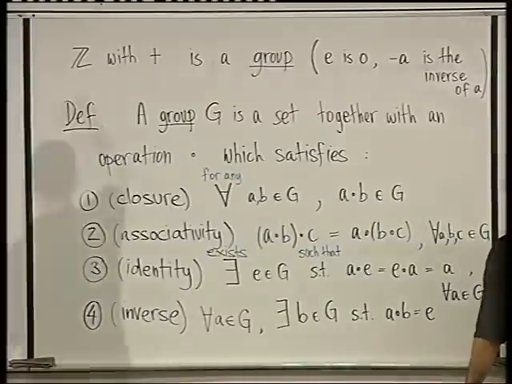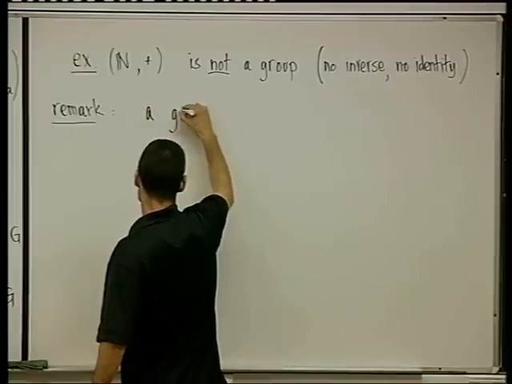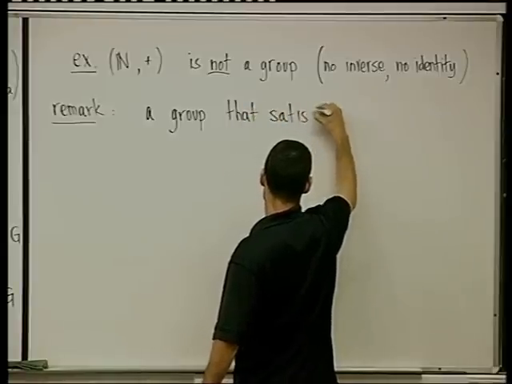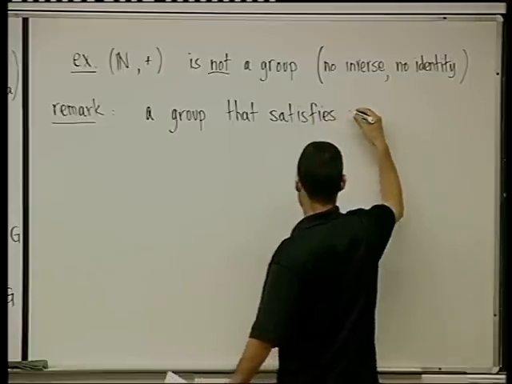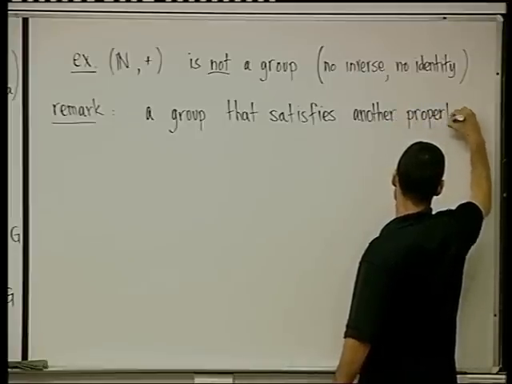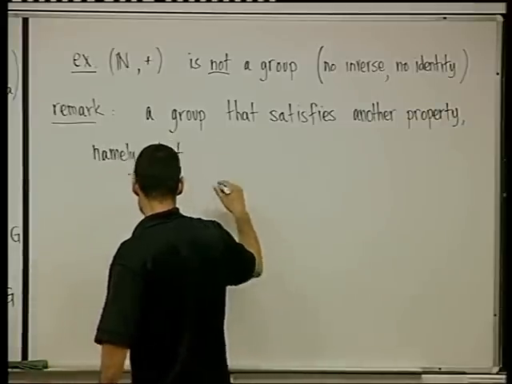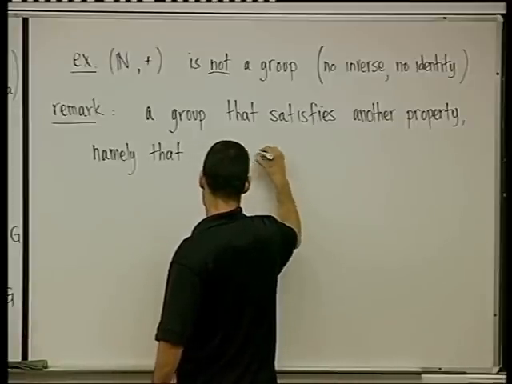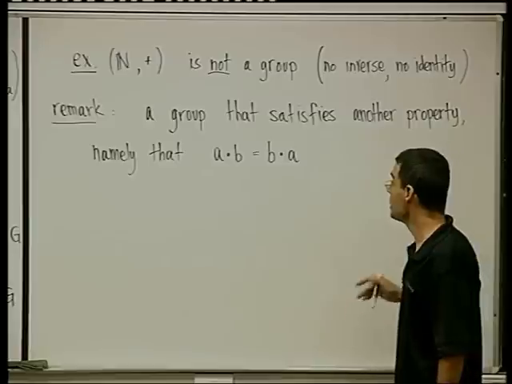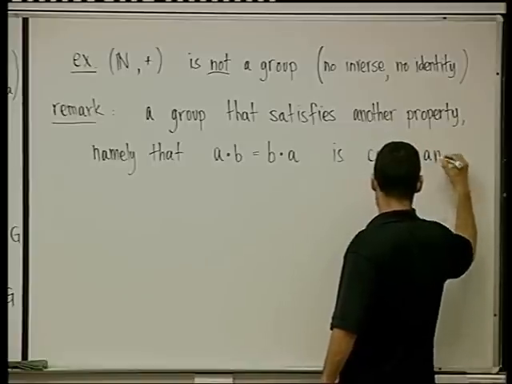So remark, very good observation. Remark: a group that satisfies another property, namely that A operated by B equals B operated by A, so A plus B equals B plus A for addition, for any A and B, is called commutative.